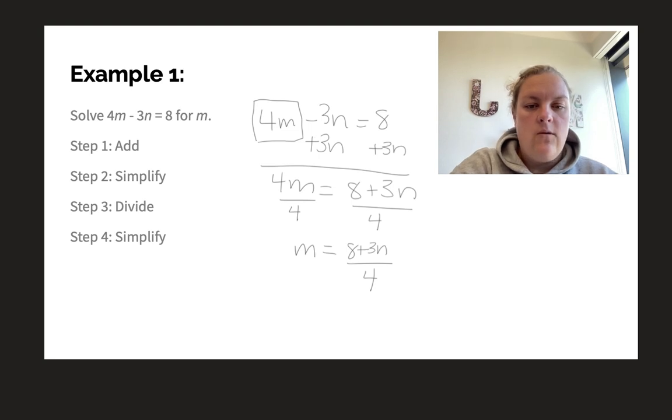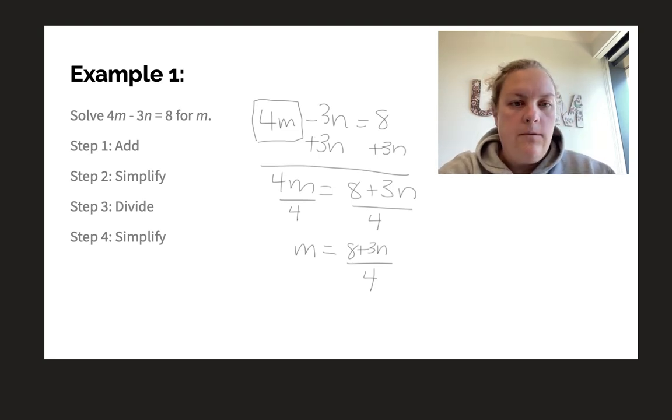Our answer is not going to be a clean number like y equals 2. It is another form of the equation solved for a particular variable. You could take this a step further and rewrite this as m equals 8 divided by 4 plus 3 divided by 4n, and simplify the 8 and the 4.